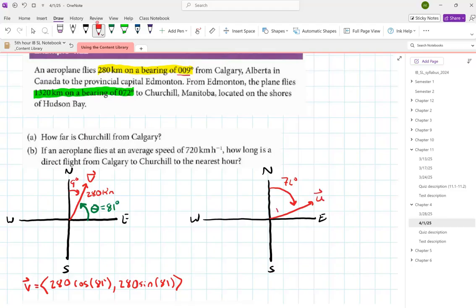And this is a long one, 1320. So again, the first thing I need is that standard position angle. So if the bearing was 72, what's the standard position angle going to be? Yes, 18 degrees.